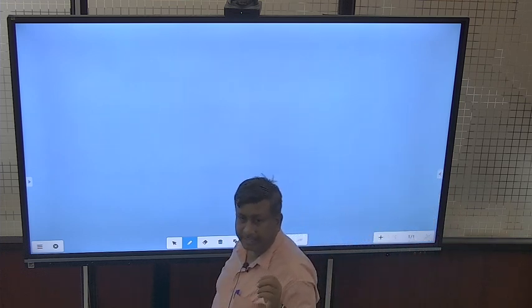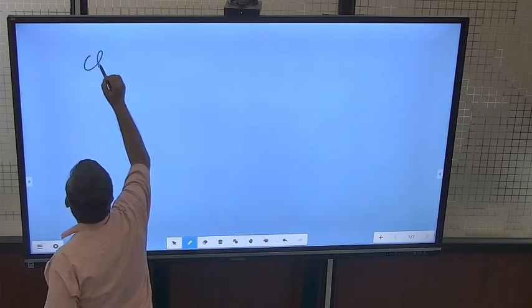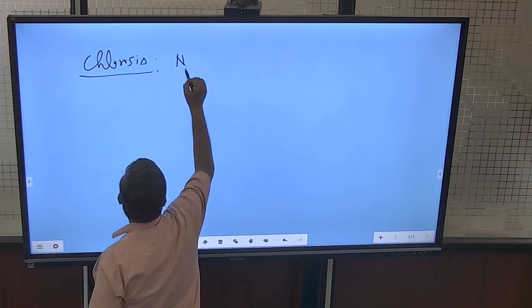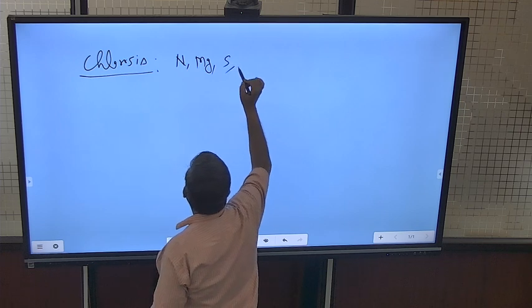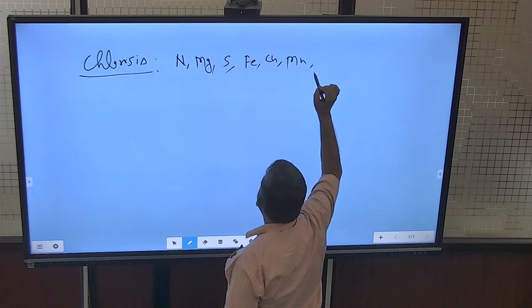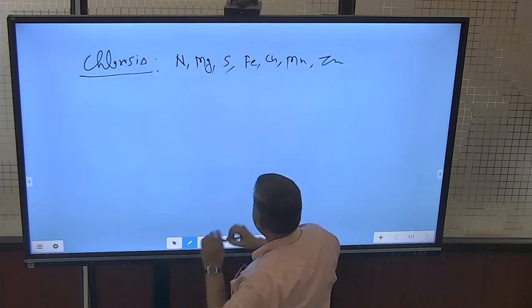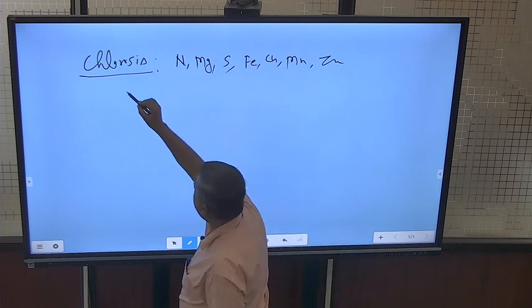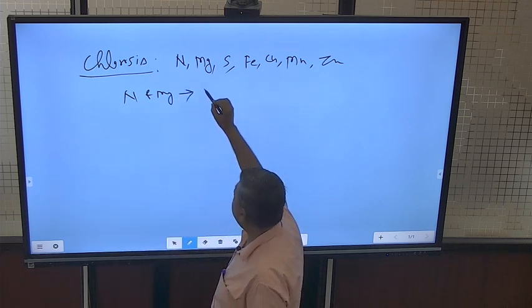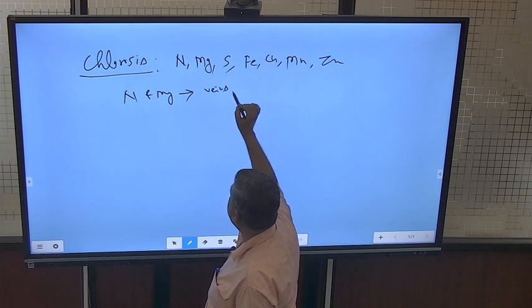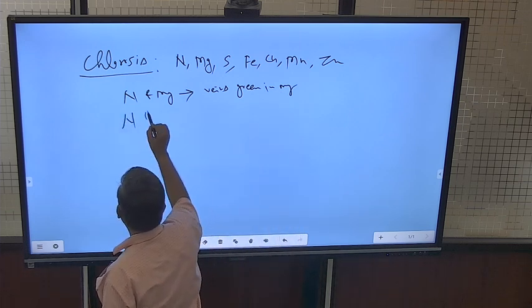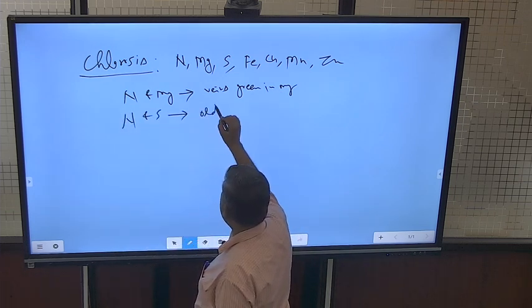So the most common is chlorosis. We discussed chlorosis in case of nitrogen, magnesium, sulfur, then iron, then copper, then manganese, and zinc also. So here we compare nitrogen and magnesium; the difference is between veins. Veins are green in magnesium. We compare nitrogen and sulfur by the older and new leaves.